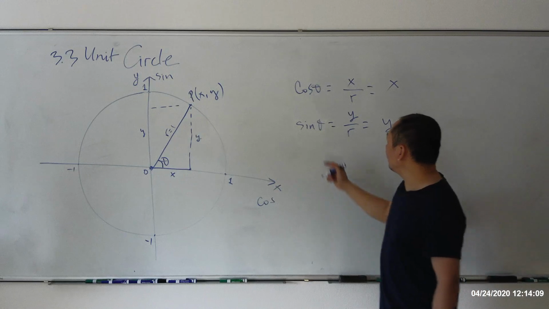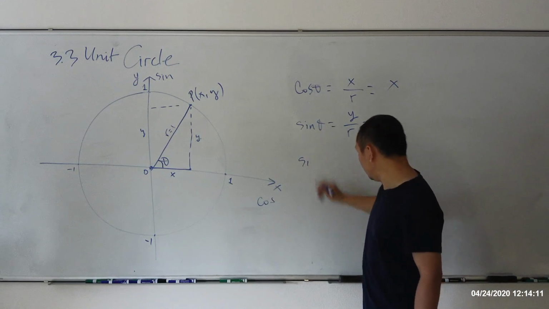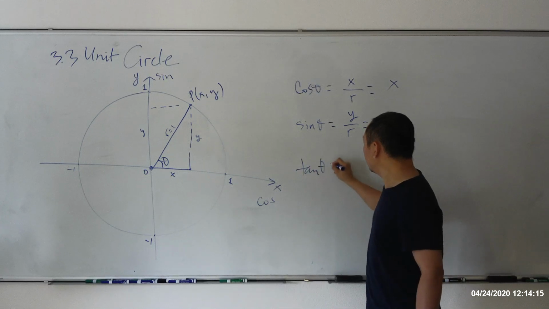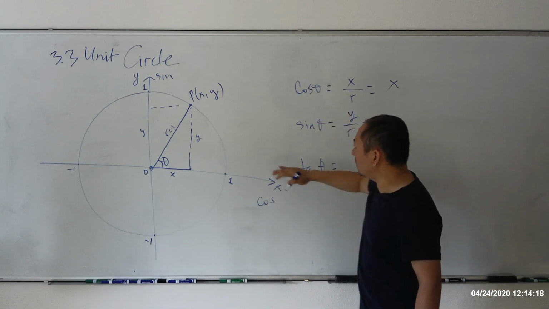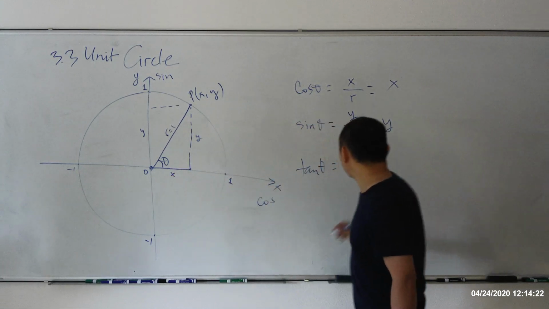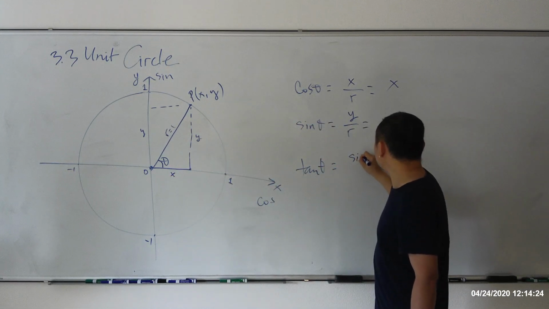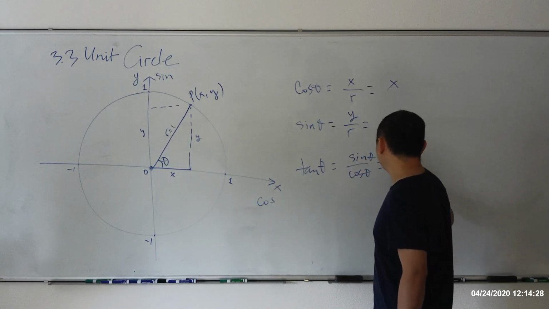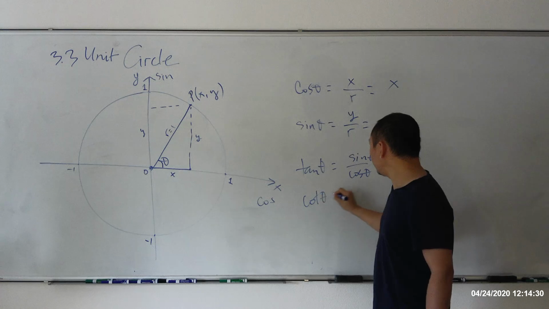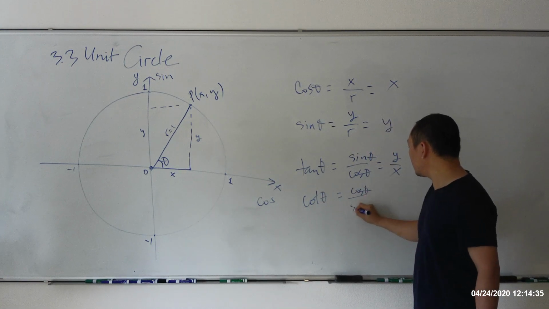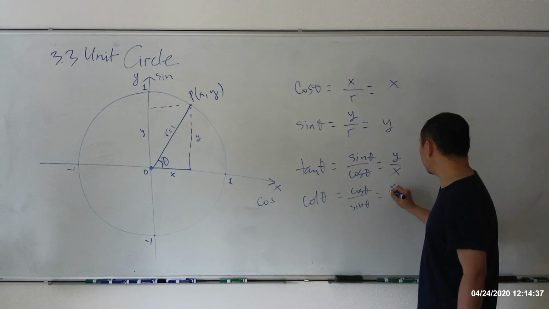So if you have cosine and sine, you know tangent. Tangent of theta is sine over cosine, or opposite over adjacent. This is sine theta over cosine theta, which is y over x. And then cotangent of theta is cosine theta over sine theta, which is x over y.